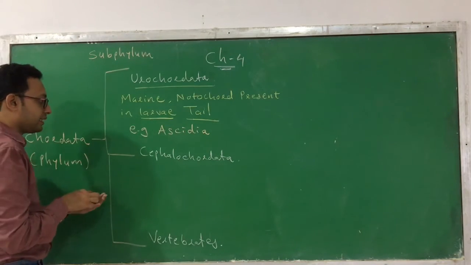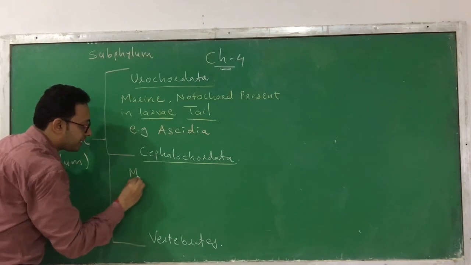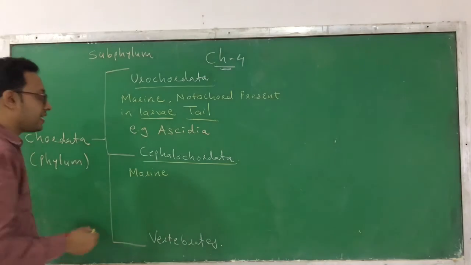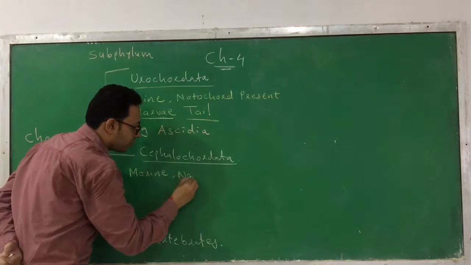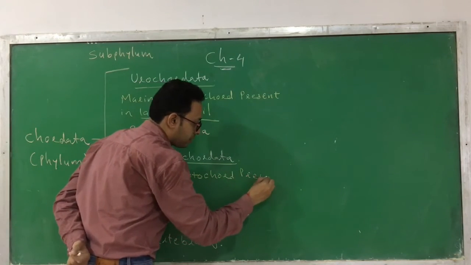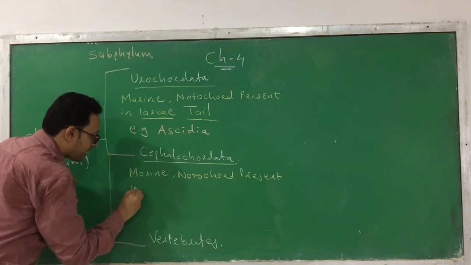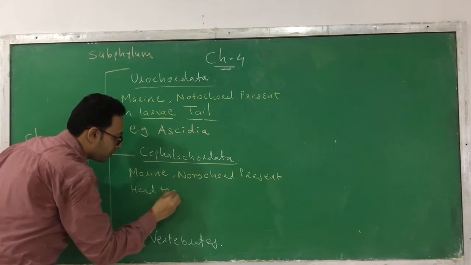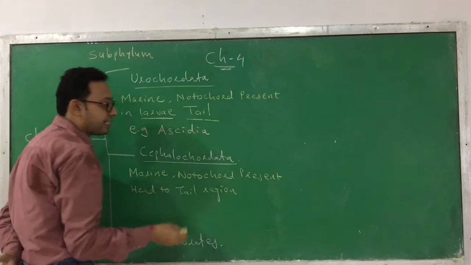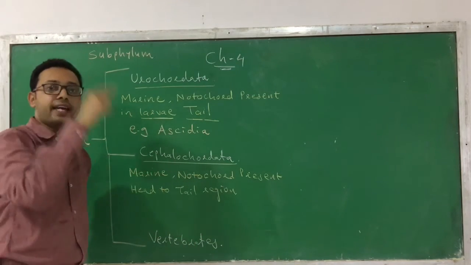Now, what are the characteristics of this Cephalochordata? Again like Urochordata, they are marine, meaning they can be found in sea water. And here the notochord is present. But it is not just present in the tail, it is present from head to tail region, and it is not only present through the larval stage, it is present through the larval and the adult stage.